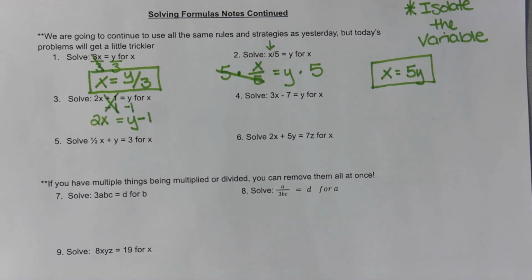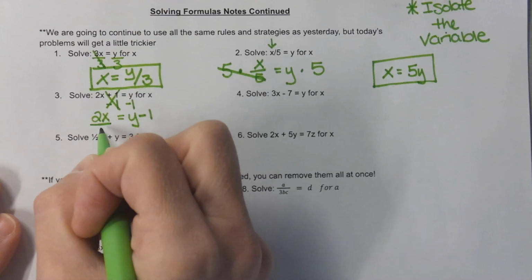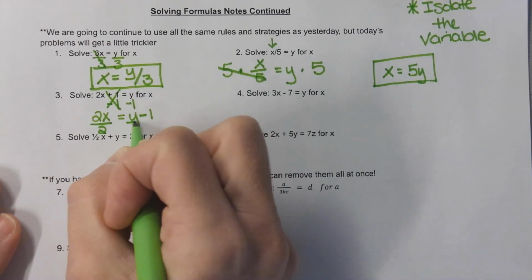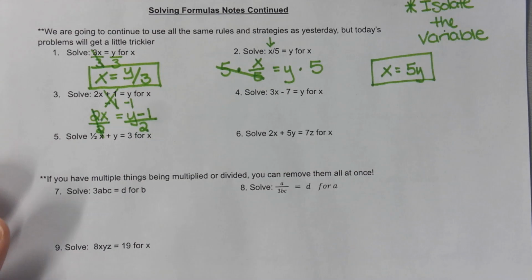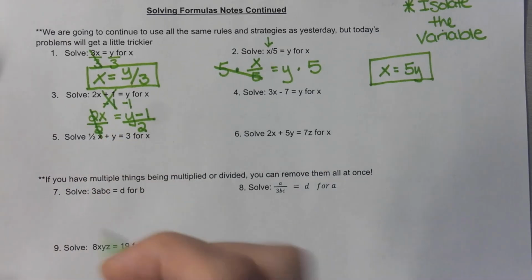All right, is x alone? No. How can I remove the times 2? Yeah, let's divide away the 2. Again, remembering that an equation is important, and we have to do the same thing to both sides. So this is actually my final answer right here.